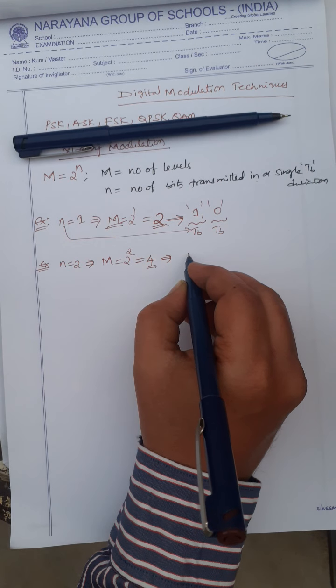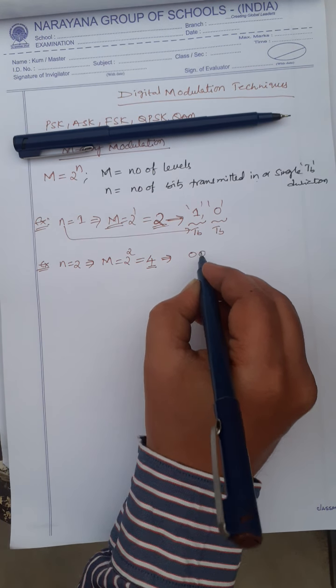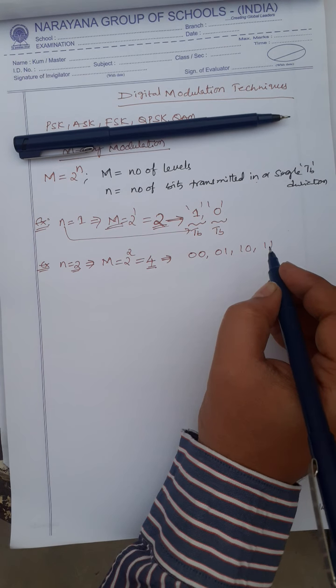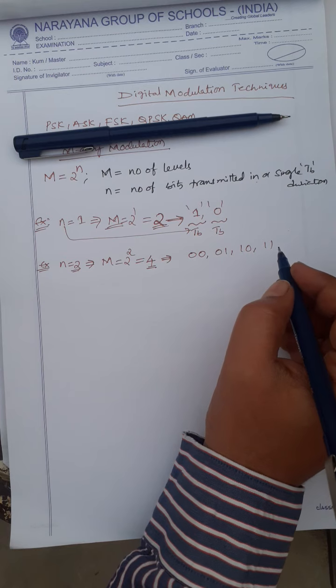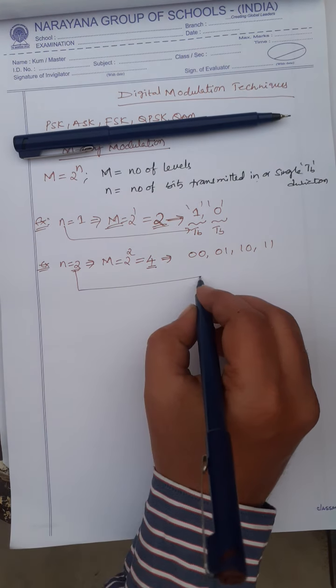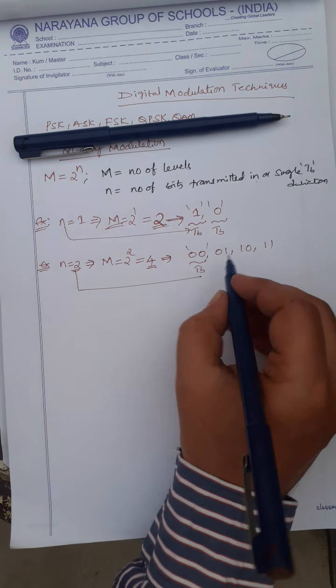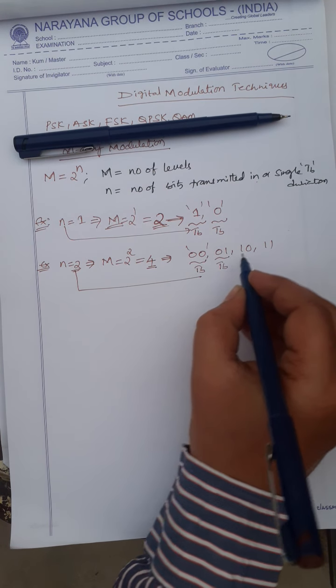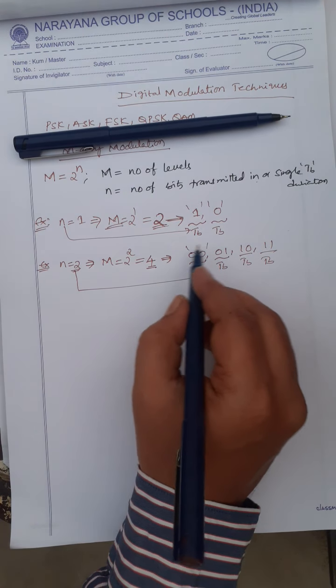The levels are symbols, that is 2-bit combinations: 00, 01, 10 and 11. These are the 4 levels. Because n is equal to 2, within Tb duration we can transmit 2 bits.